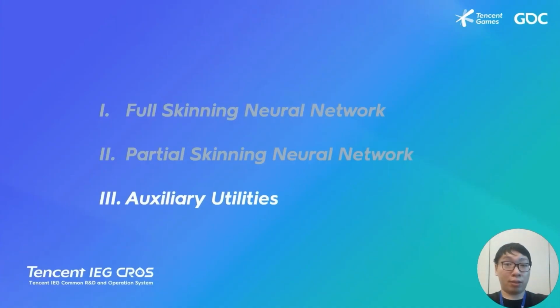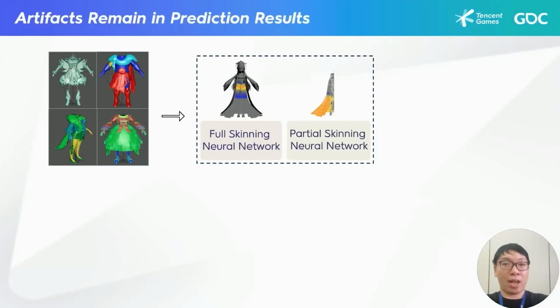Moving on to the third part, let's dive into the topic of auxiliary utilities. As many of you may already know, tackling all problems at once in supervised learning can be quite challenging. There will always be corner cases, and GoSkinning is no exception.